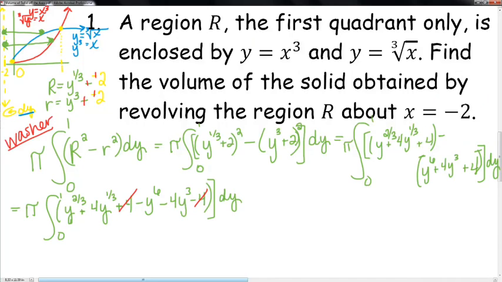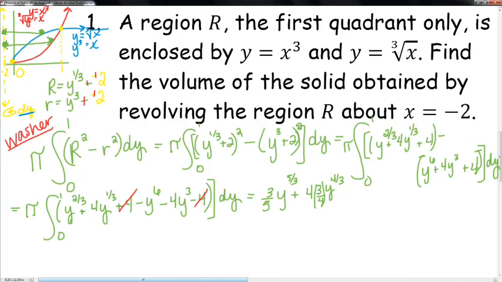So now let's go ahead and take our antiderivative. So y to the 2/3 plus 3/3 is 5/3. So this is 3/5 y to the 5/3. Plus 4 times, 1/3 plus 3/3 is 4/3. So we have y to the 4/3 times 3 over 4.